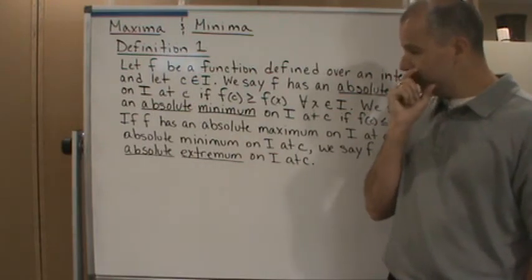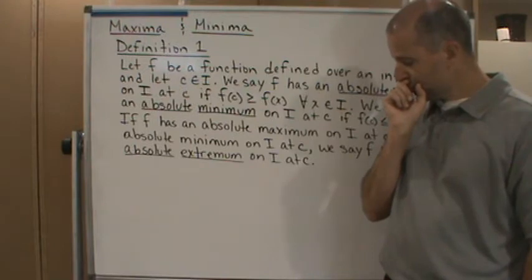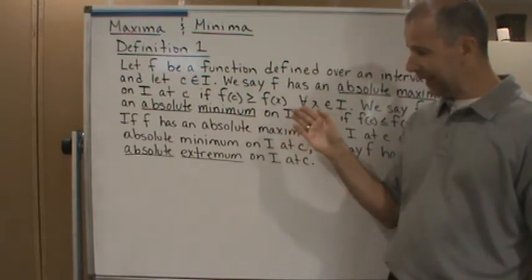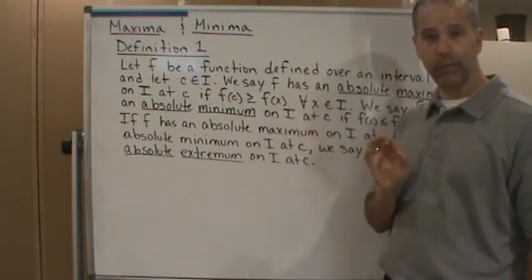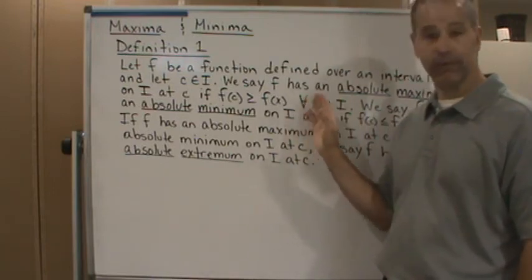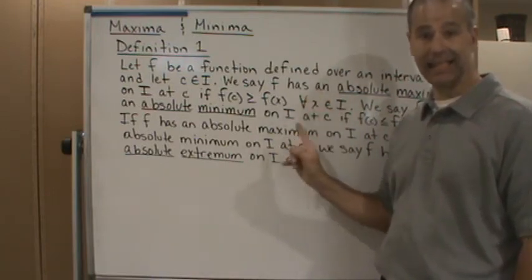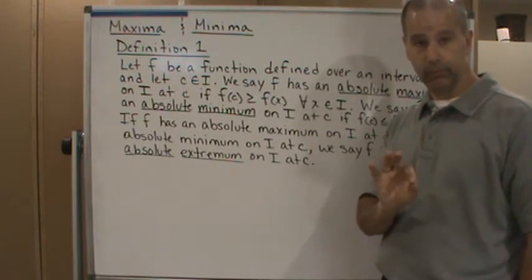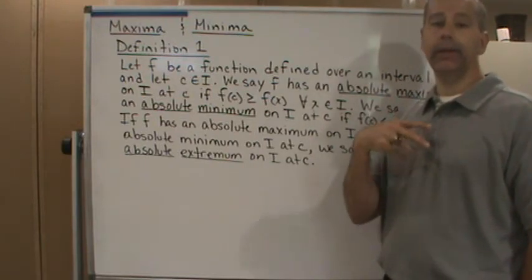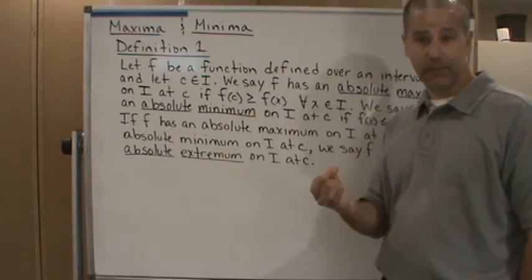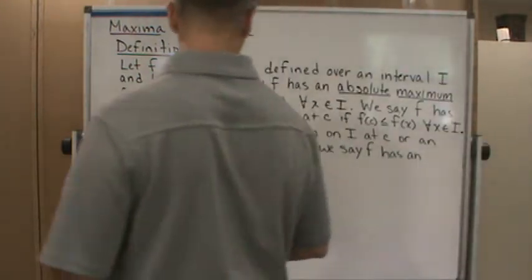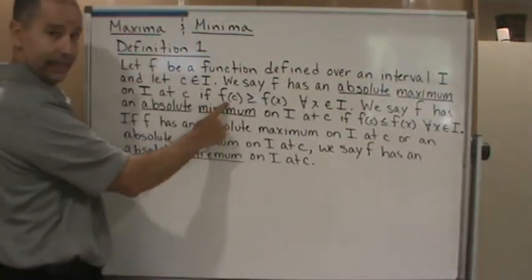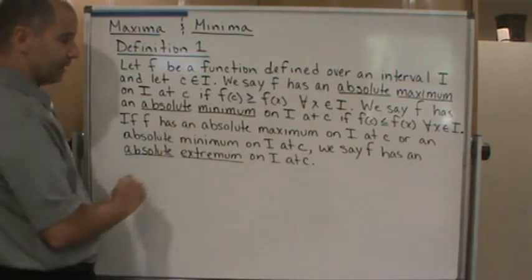The other thing is, when we talk about the absolute maximum or minimum, remember that that's the value of the function at c. It's f of c, right? f of c is the absolute minimum or maximum.